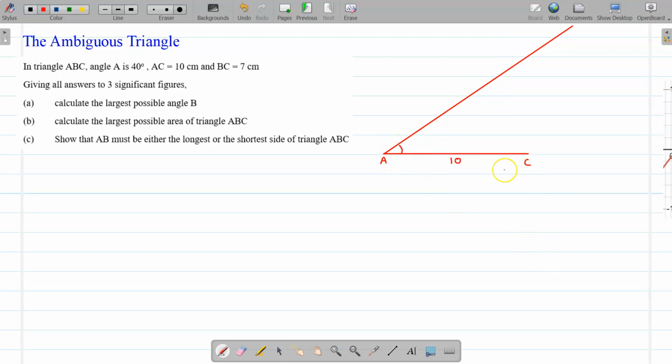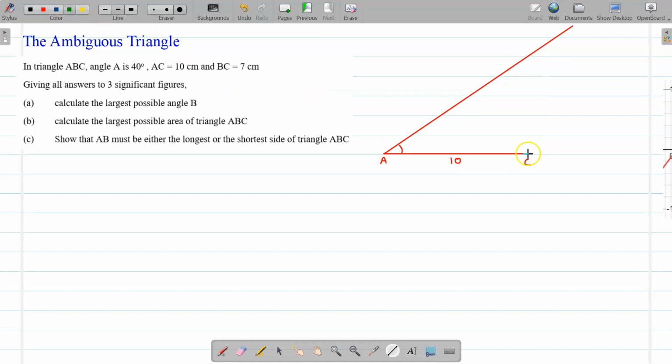It wouldn't have mattered because it's all relative to the position of A. So let's now try and put the point B. We're told that B to C is 7 centimeters long. If this line is 10, we're going to try and create a line of 7 centimeters from C.